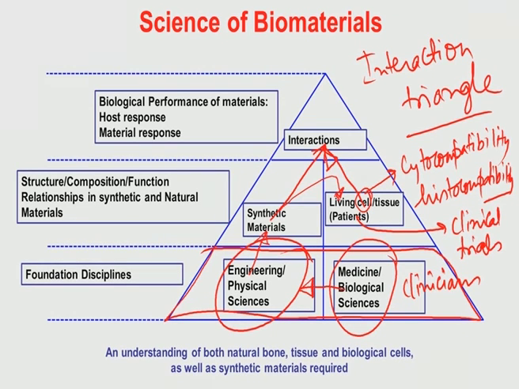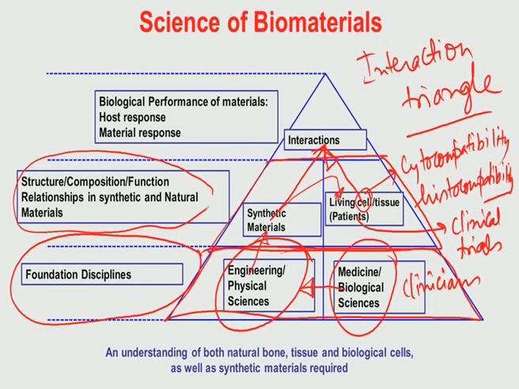Describing the three levels of this interaction triangle, the first base level is the foundation disciplines, that is, engineering or physical sciences. The next level defines the structure, composition or functional relationship in synthetic and natural materials, and the top of the triangle defines the biological performance of the materials with respect to host response and material response.